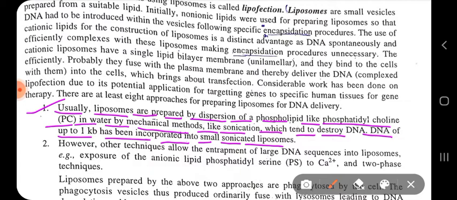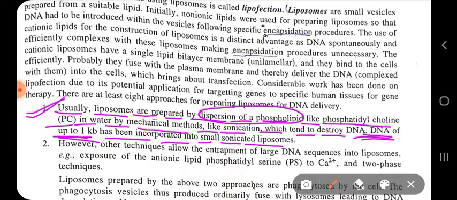A normal phospholipid bilayer is dispersed first. First, we are removing that phospholipid bilayer from a natural membrane by dispersion technique through sonication. That means with the help of sound waves, we are dispersing the phospholipid layer, and then we are allowing the phospholipids to form a vesicle where we can introduce our desirable DNA up to 1 kb.